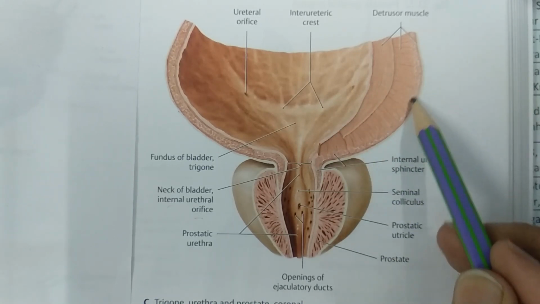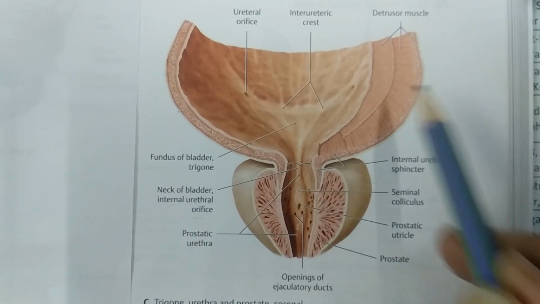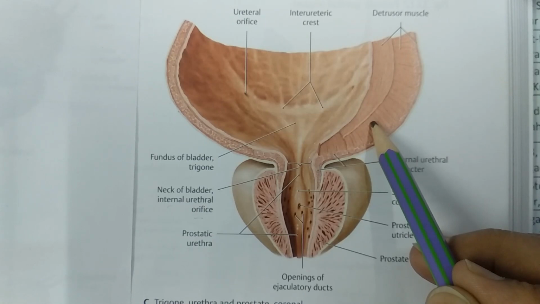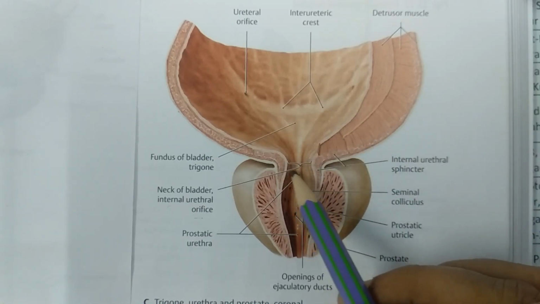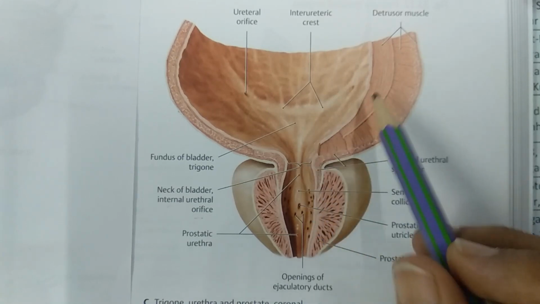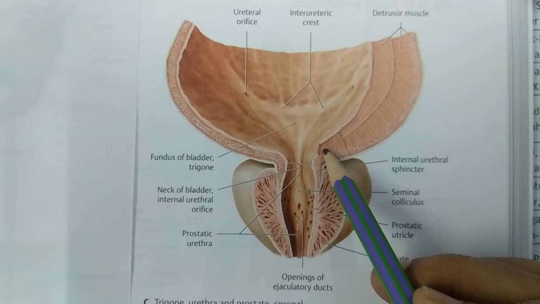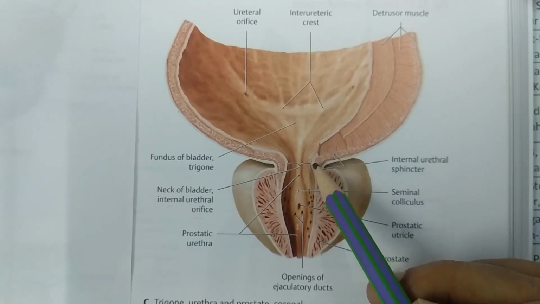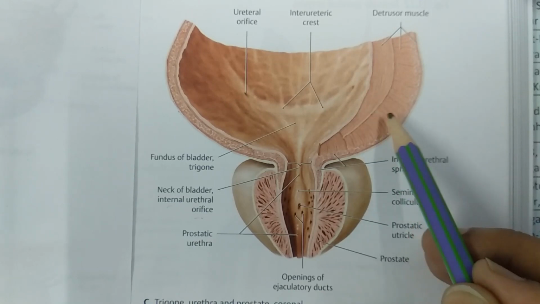So this is the outer longitudinal layer, that is in continuation with the prostate, the middle circular layer that forms the sphincter vesicae at the internal urethral orifice, and again the inner longitudinal layer that continues as the muscles of the urethra. These are the layers of the muscular coat.